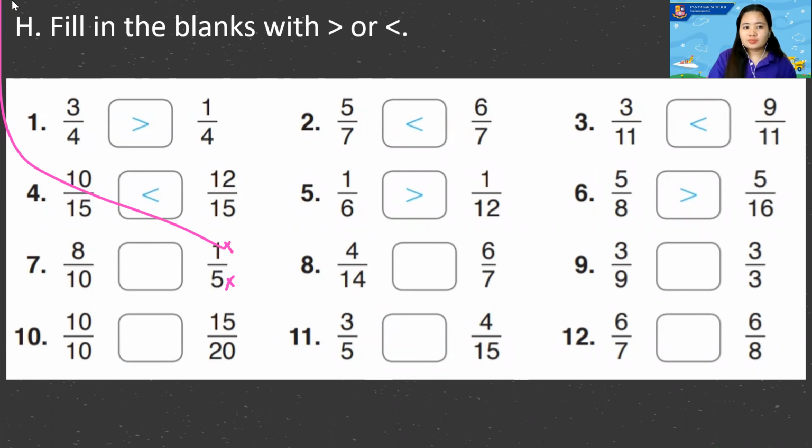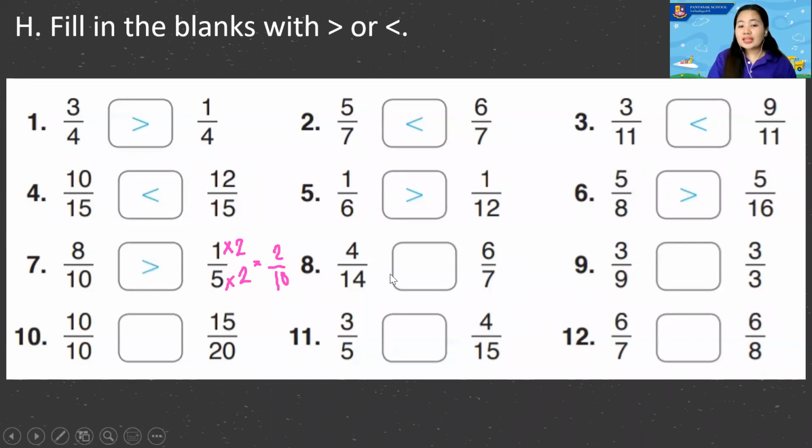Oh, sorry. 5 times 2, that is equal to 10. Then you also multiply the numerator, so the answer will be 2/10. Now they have the same denominator already. So which one is bigger? That is 8. Okay, good job.